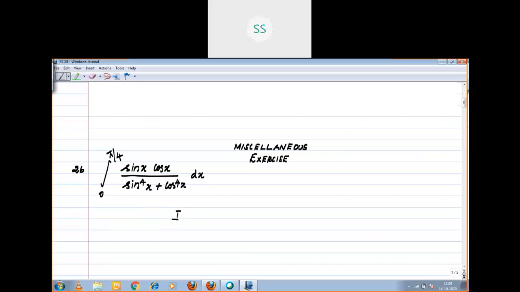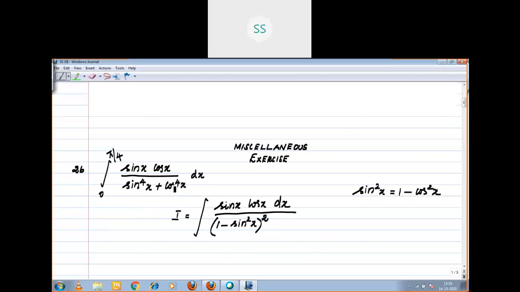Now, see here. First, I am going to do the modification, changing without disturbing the given function. Sin x into cos x dx stays; the denominator alone I am going to change. Sin power 4x can be written as 1 minus sin square x, the whole square, since sin square x equals 1 minus cos square x.